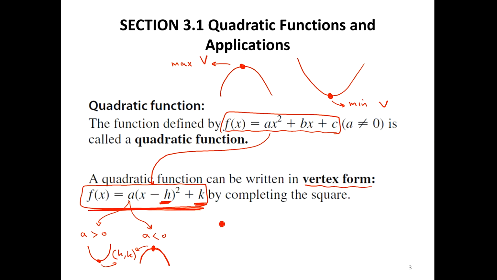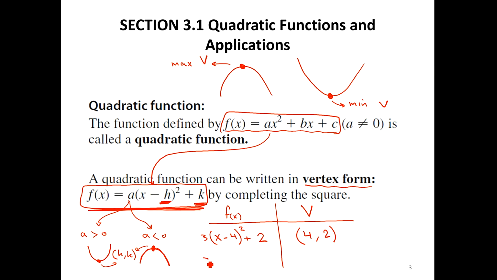So if we have f of x in this form, and we need to find the vertex of the quadratic, and f of x equals, for example, 3 times (x minus 4) square plus 2. So the vertex equals what? 4 and 2.